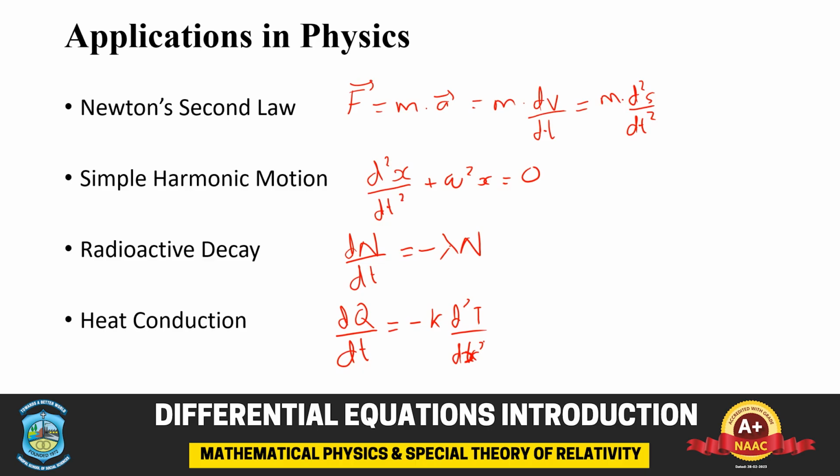Apart from this, there are other examples like Newton's law of cooling, which states that the rate of change of temperature is directly proportional to the temperature difference. So there are several examples and several laws.